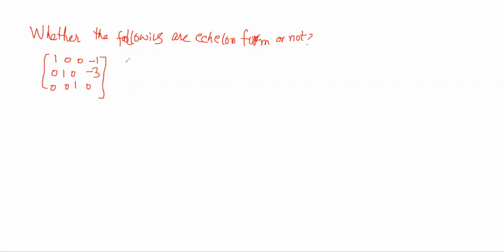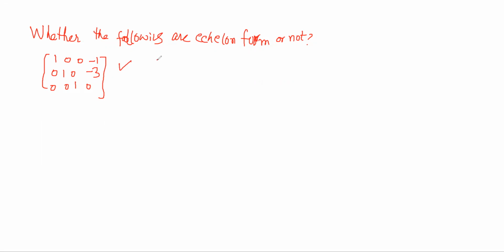Yes, it is. Here 1 is the leading term, and the next leading term is towards the right, and the next leading term is also towards the right. So this is an echelon form.